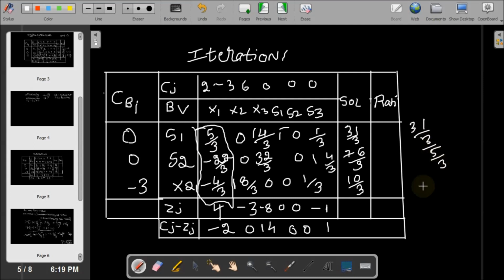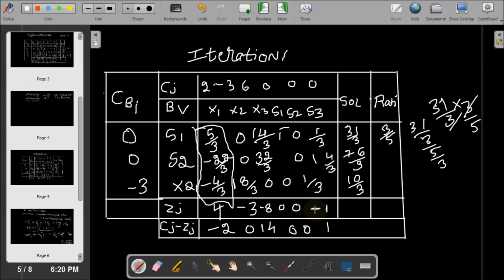I can write this as 31 by 3 into 3 by 5. So 3 gets cancelled, and the ratio you get is 3 by 5.